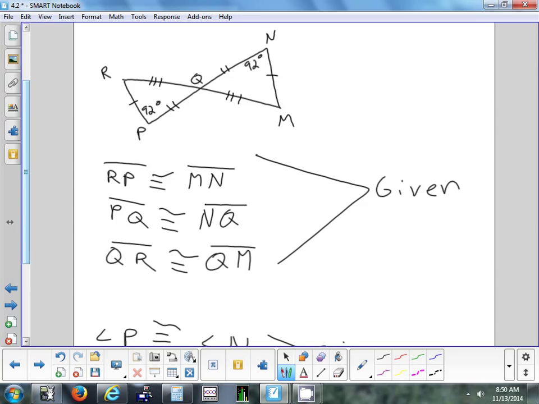Is there any way I can show that another angle is congruent? Really, all I need to do is show how many more angles are congruent. Do I need to show two, or if I just show one more, then the third angles theorem says the other one has to be the same. So I just got to get one more angle, and then I can use the third angles theorem.